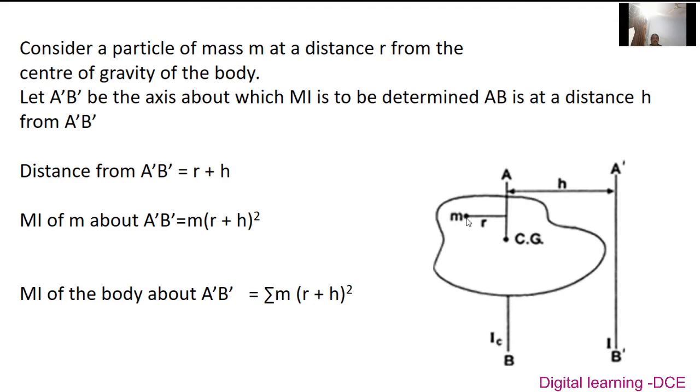Here the distance of the particle m from the axis is r plus h. So that's why the moment of inertia is given by m into (r plus h) whole squared.